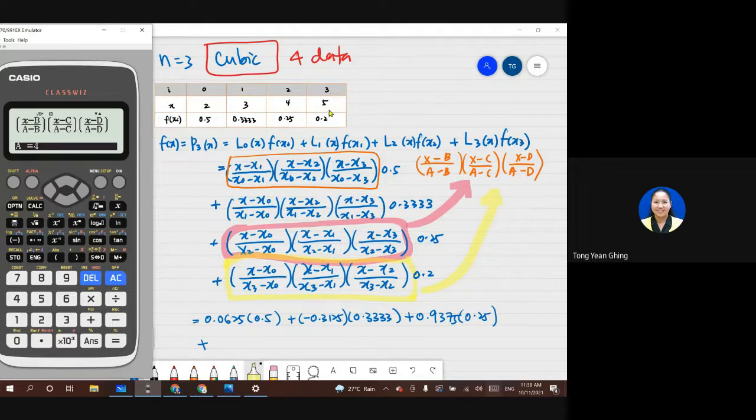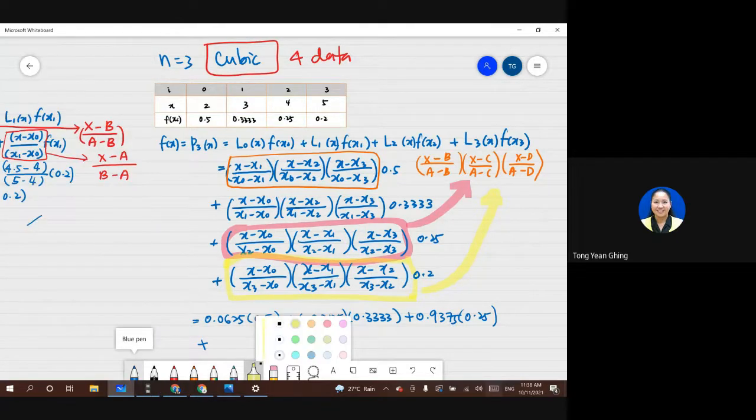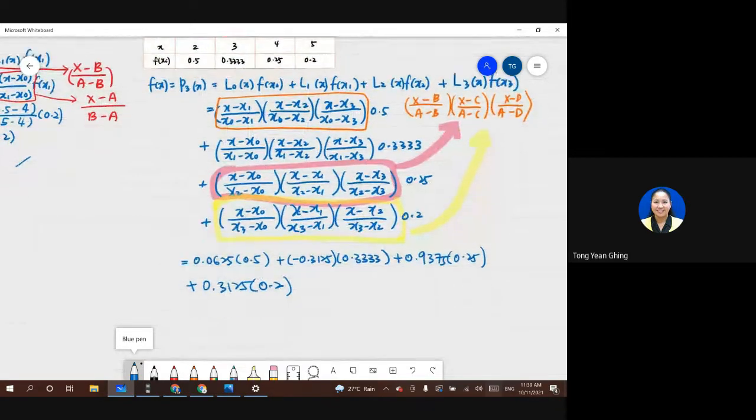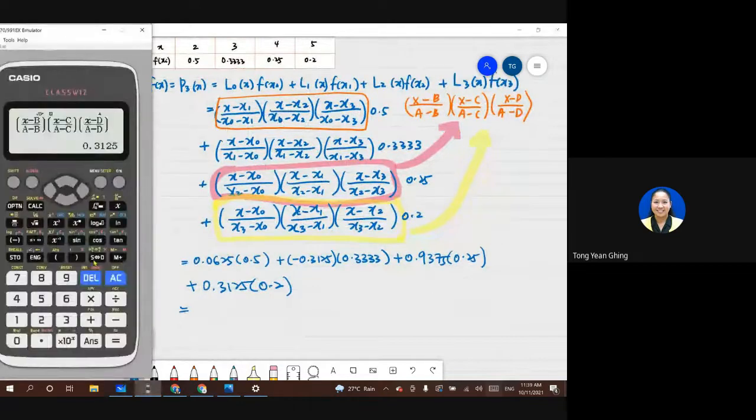So x3 is 5. c, look at here, x1. So x1 is 3. And then d is here, x2. So x2 is 4. So now become 0.3125 plus 0.3125 times this 0.2. So, and then calculate.